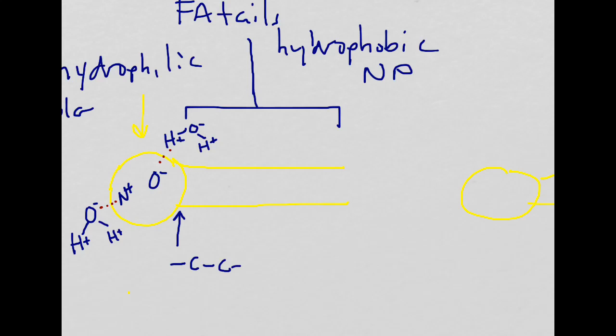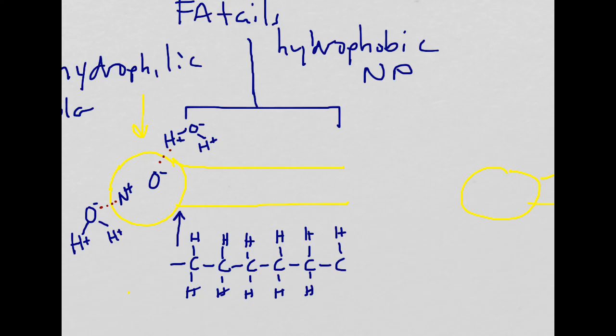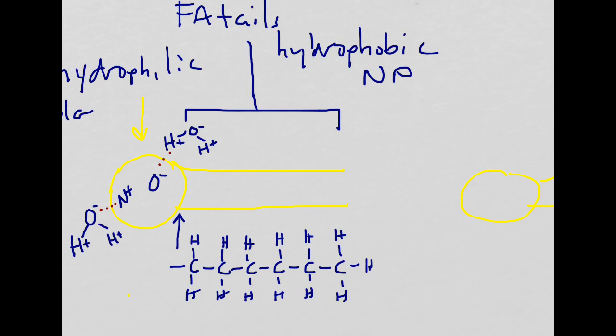And then the fatty acid tail is made up of a chain of carbons surrounded by hydrogens. Remember, carbon can make 4 bonds, so these carbons in the middle are bonding with their carbon neighbors, and then have hydrogens to fill in the rest.